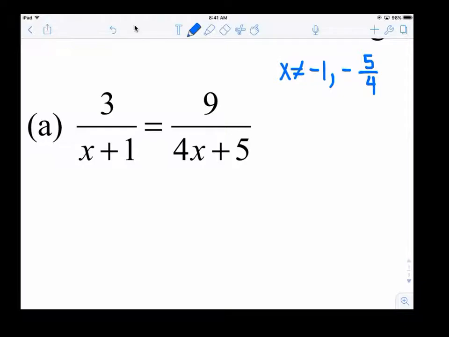If it's just fraction equals fraction, you can actually just cross multiply if you want. So we have 3 times 4x plus 5, and then 9 times x plus 1.